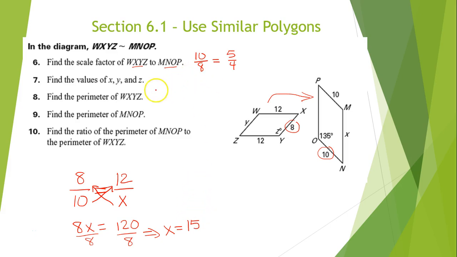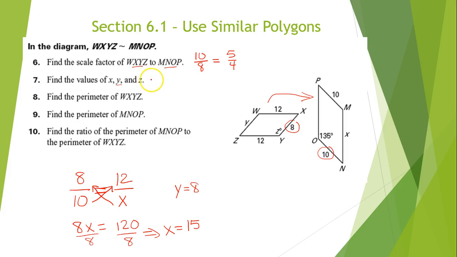We found x. Now y, let's look at this side y is on. That is WZ. WZ corresponds to PM. Let's see, PM, right here. And PM is 10 and ON is 10. That means these two sides, XY and WZ, are going to be congruent too. So we can say right away that Y is equal to 8.